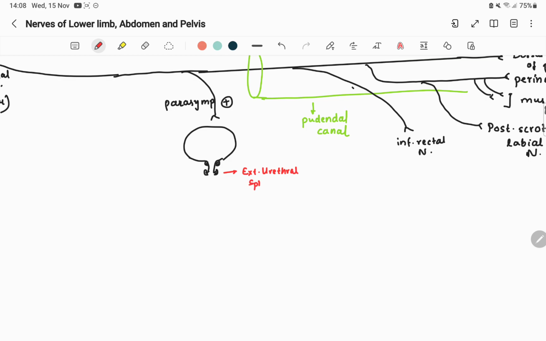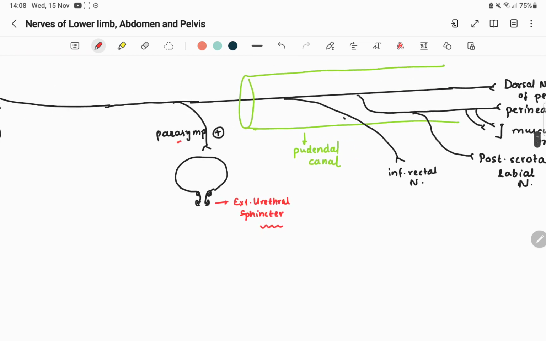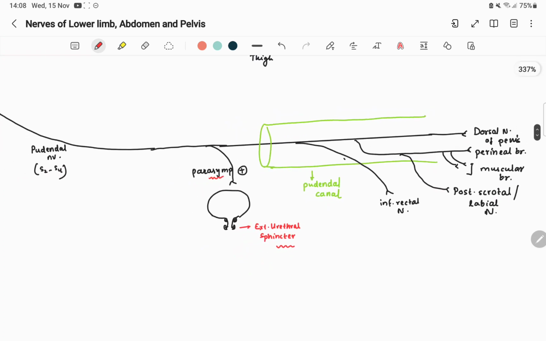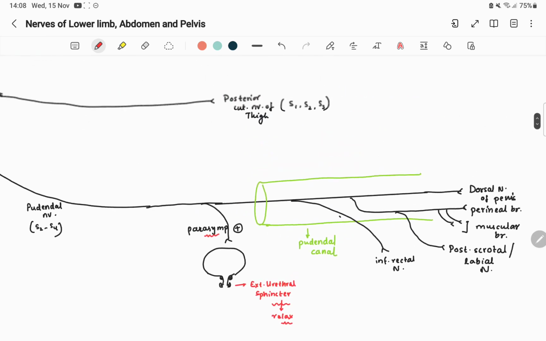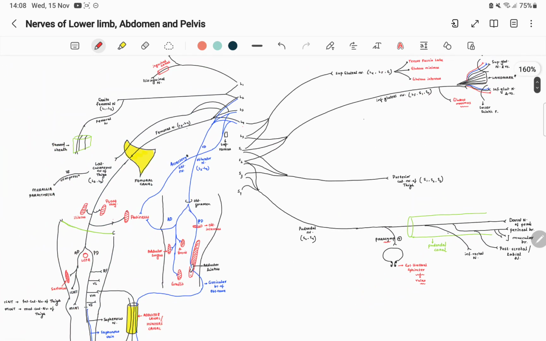You have two sphincters in the bladder. The internal urethral sphincter is not under our voluntary control, but the external is under our voluntary control. The pudendal nerve causes the external sphincter to contract, and if there is no stimulation, it will relax. Parasympathetic stimulation to the bladder will cause it to relax. Understood? So this is about your pudendal nerve.